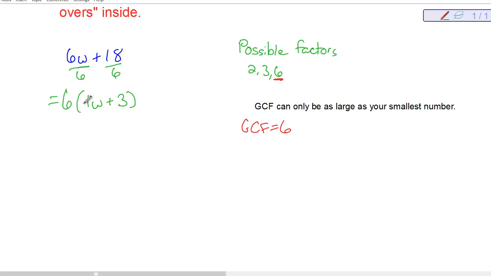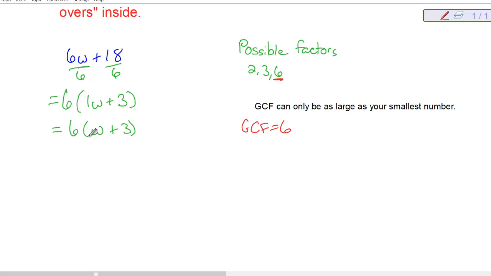I could leave it as 6 times 1w plus 3, or you can write it 6 times w plus 3. Either way. The key is what is on this line right here must be equal to what's on this line. That is why it is very important that we put our greatest common factor here.